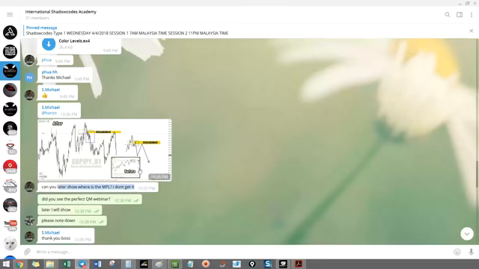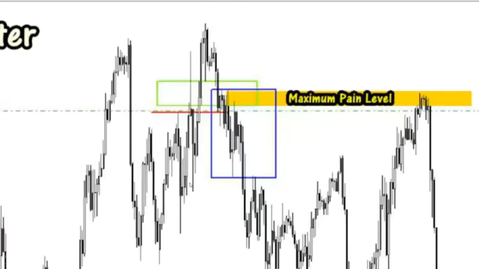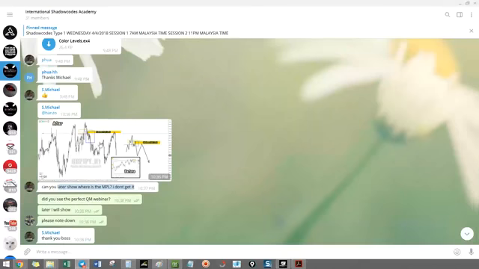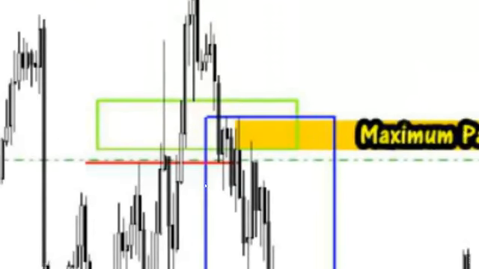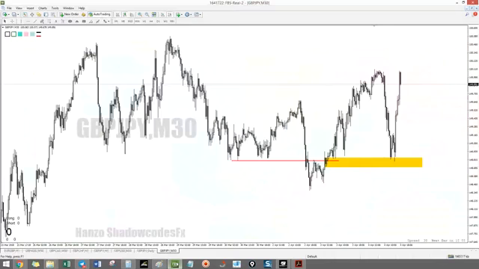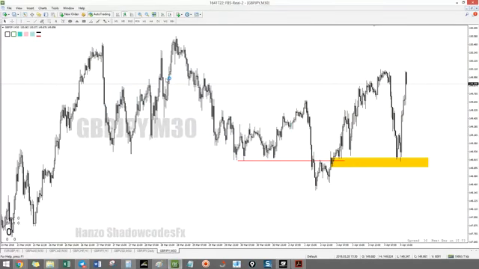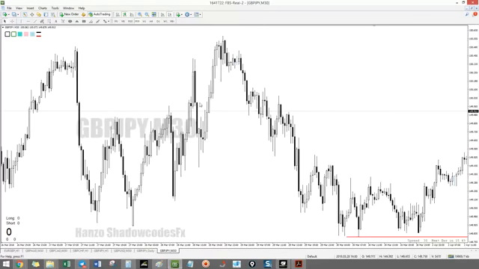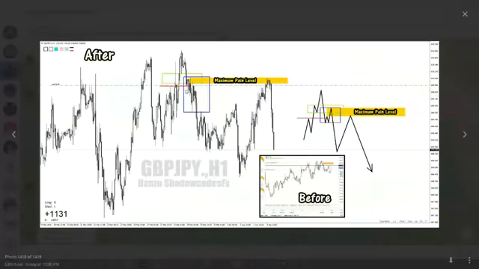Look at this candle. Is it the broker, or is it my eye? Something happened here.